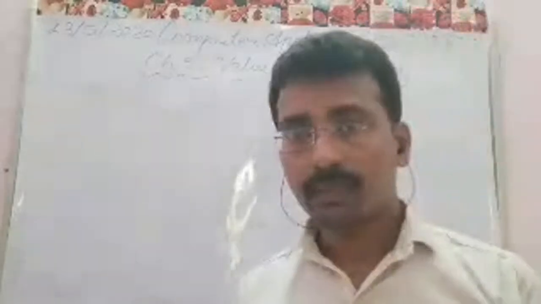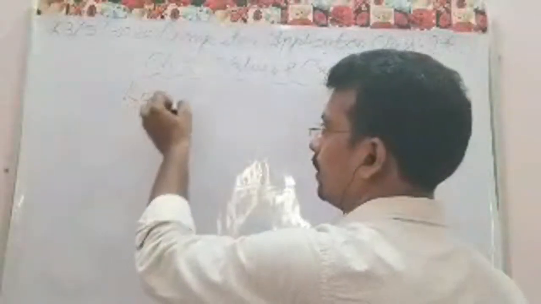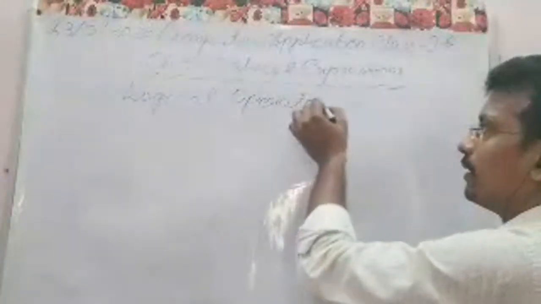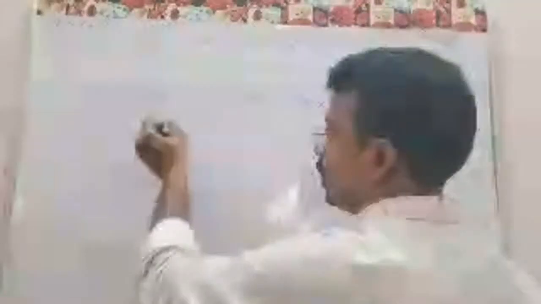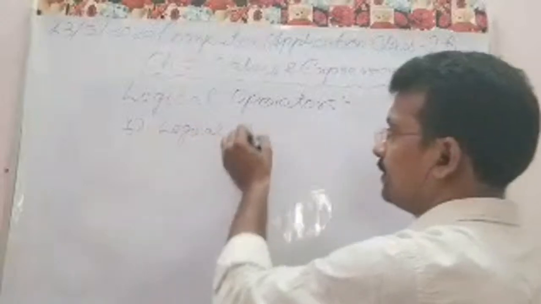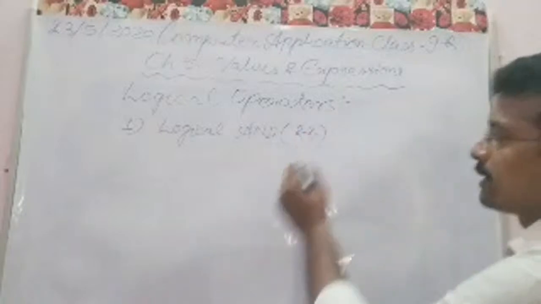See, next thing is the next operator, that is logical operator. Logical operator includes 3 operators. First is logical and, which is represented with two and signs.